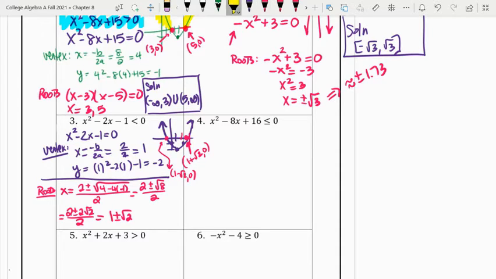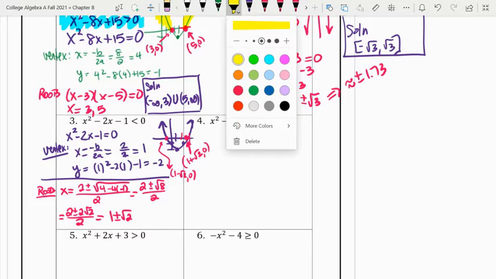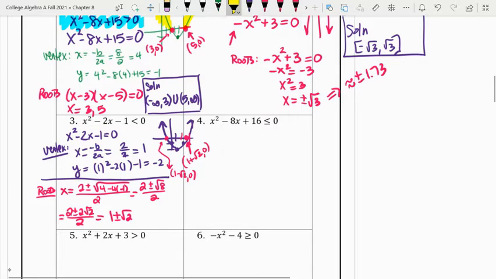So the question says, when is this graph greater or less than 0? So I'm interested from here to here, which makes my solution parentheses, doesn't equal, 2. So parentheses 1 minus the square root of 2 until 1 plus the square root of 2.